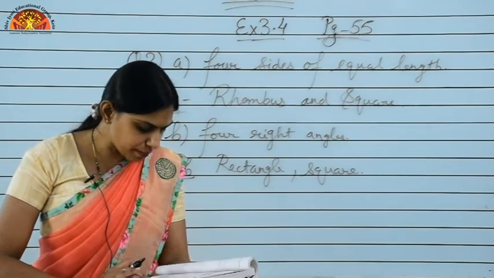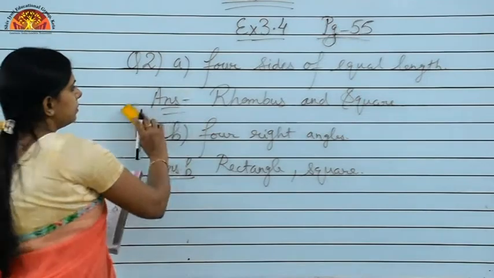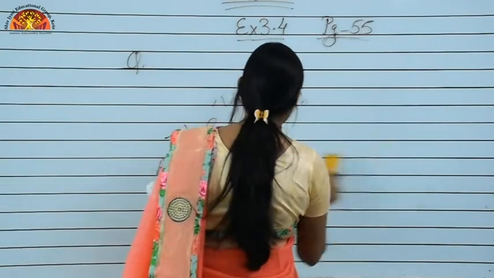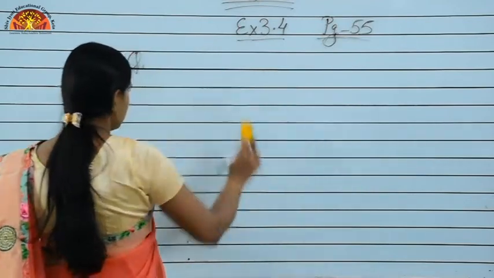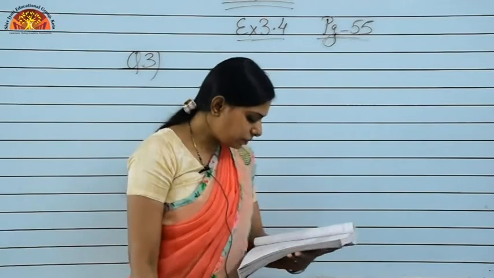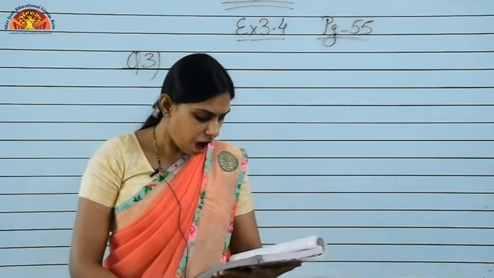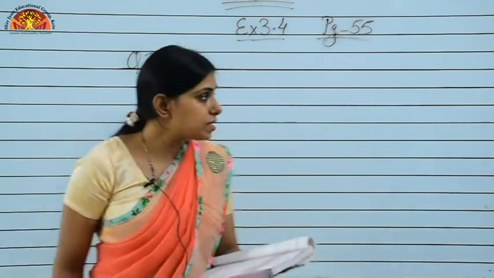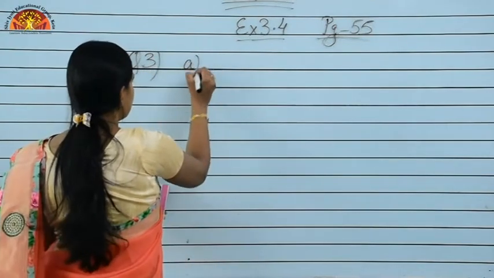Just come to question number 3. Just see question number 3. So what is given over here? Explain how a square is a quadrilateral. Why is a square a quadrilateral? You have to just explain it.